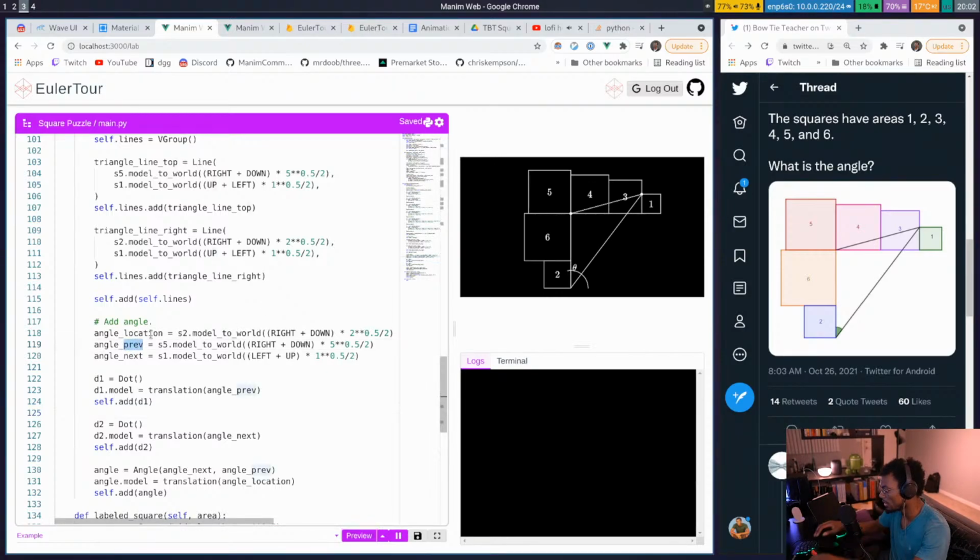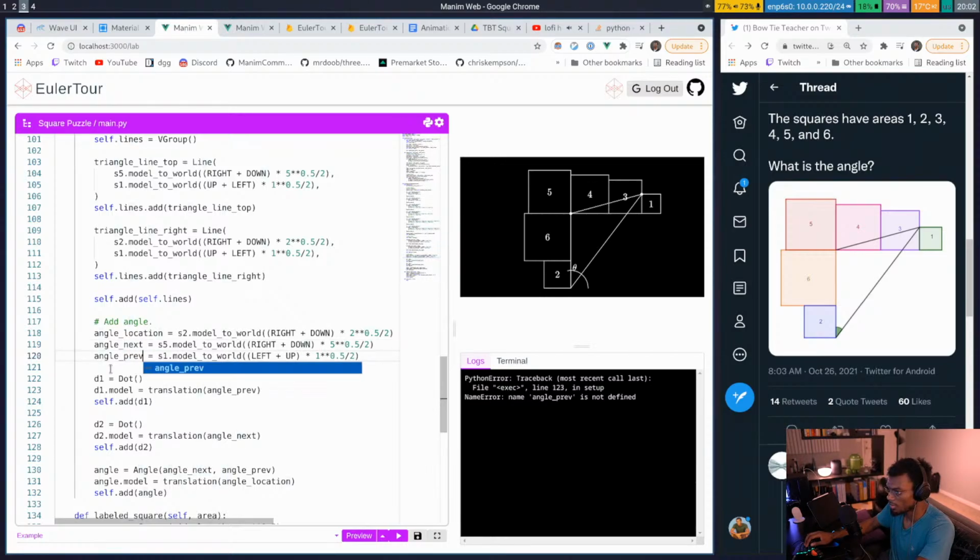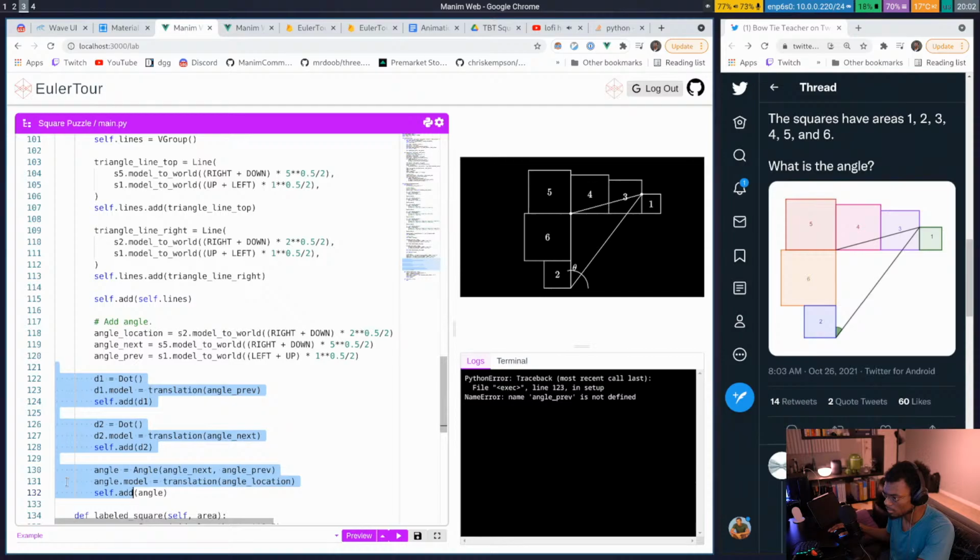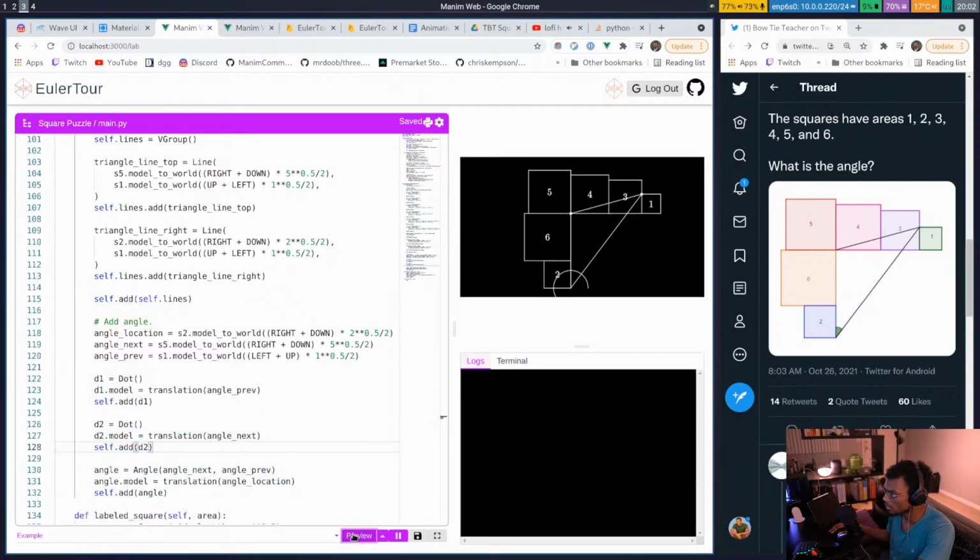I might as well do that just to simplify the logic. Put prev here. Okay, because I'm also not sure why that happens.